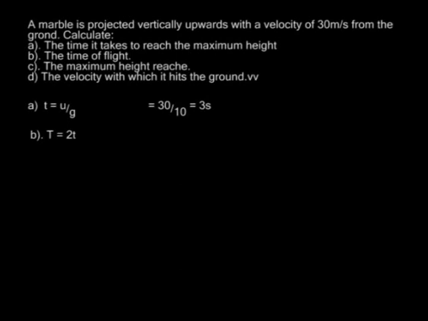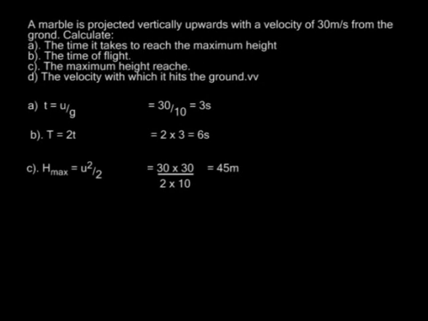Time of flight is twice the time it takes to reach the maximum height, so we shall have 3 times 2, which is 6 seconds. C, maximum height reached is given by h max is equal to u squared over 2g, that is 30 squared over 2 times 10, which gives us 45 meters.